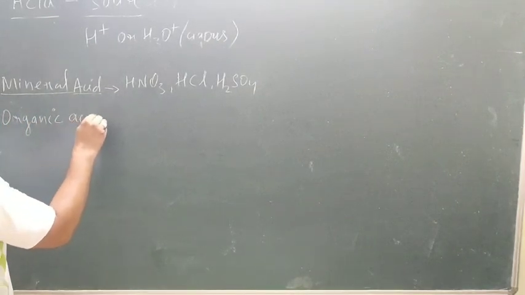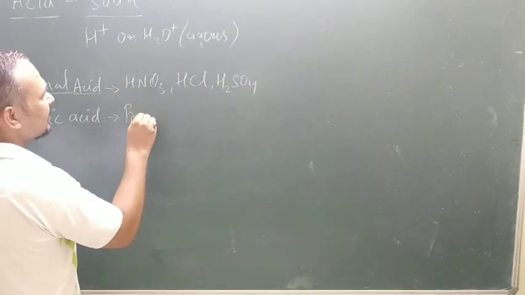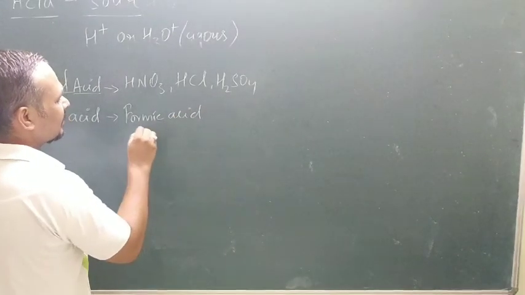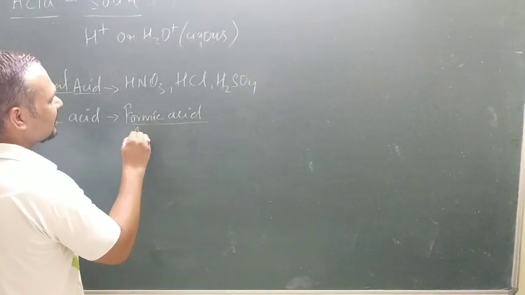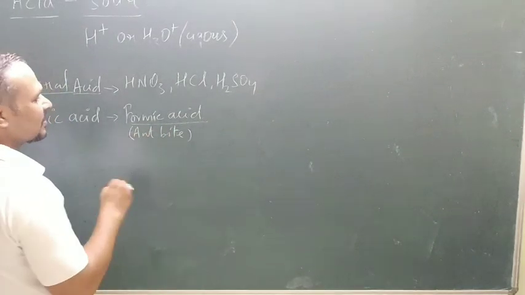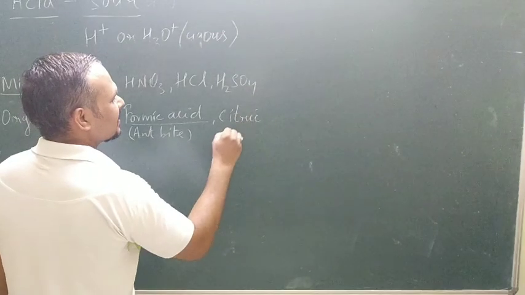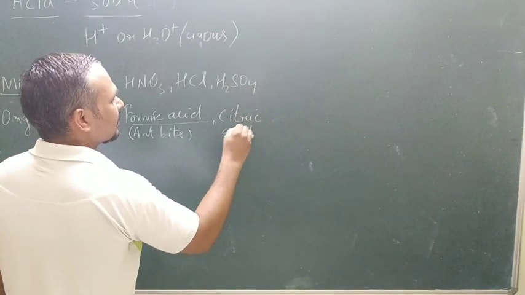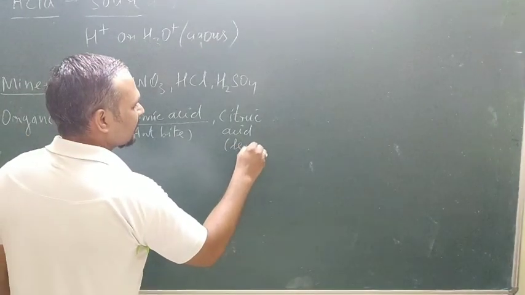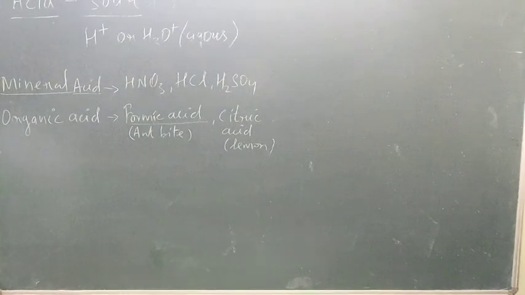Organic acids are like formic acid, which is found in ant bites. You studied this in class 7. Citric acid is found in citrus fruit like lemon. There are many other examples also, right?